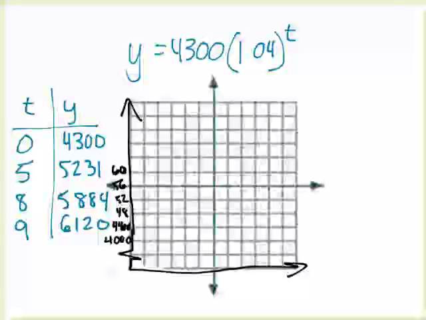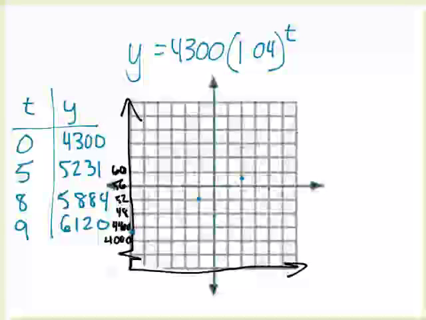We could have even counted by something smaller and still been able to fit it in. So our point 0 is at 4,300. At 8, we are up to 58.